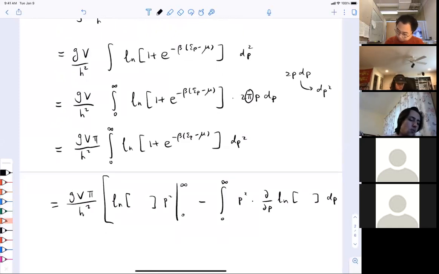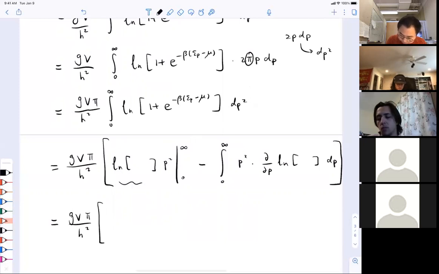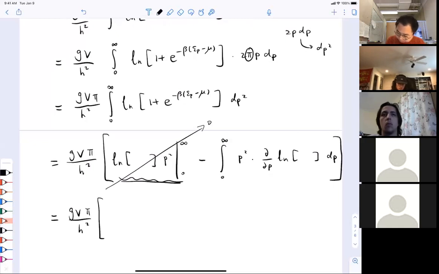This boundary term is 0 at infinity because there is an exponential factor which decays faster than p squared, and at p equals 0 it is 0 too. This term just goes away. We have this term.